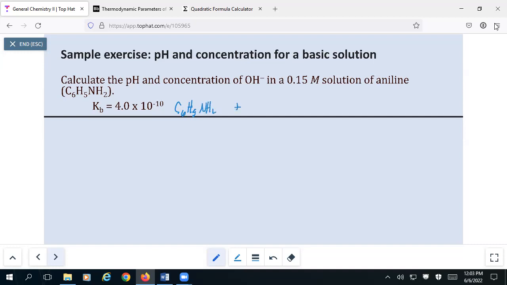C6H5NH2 reacting with water as a base means it's going to add an H plus, to become C6H5NH3 plus, and that water is going to, after adding its H plus, be left with just OH minus.